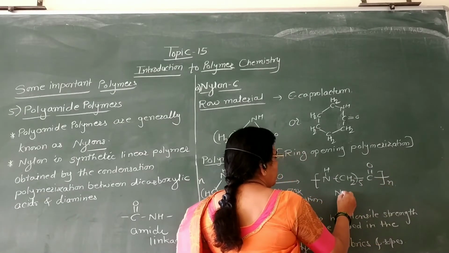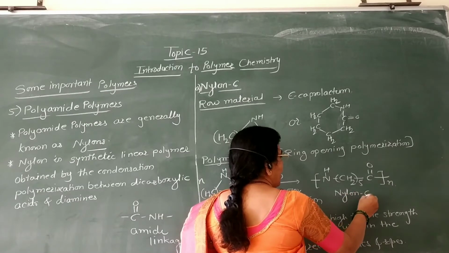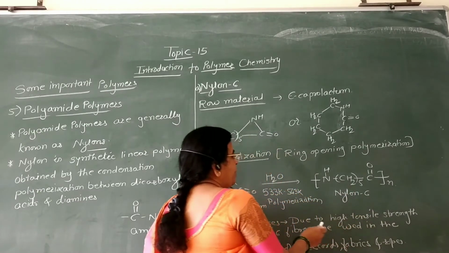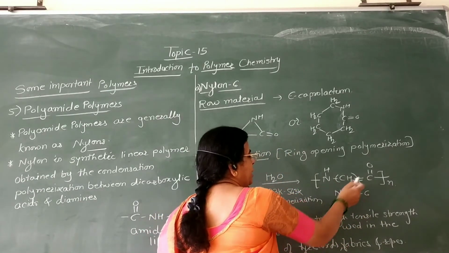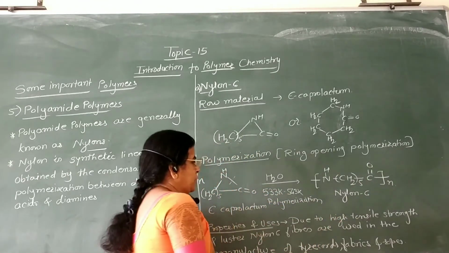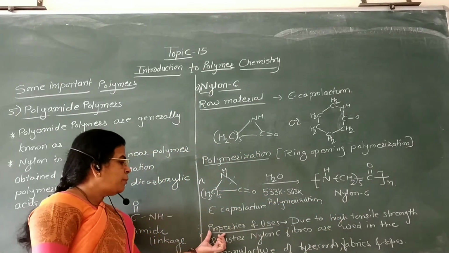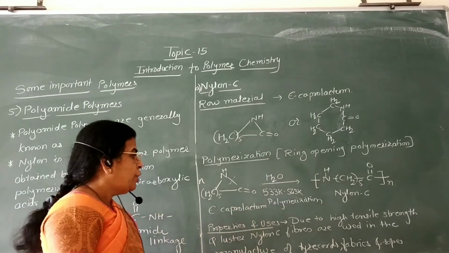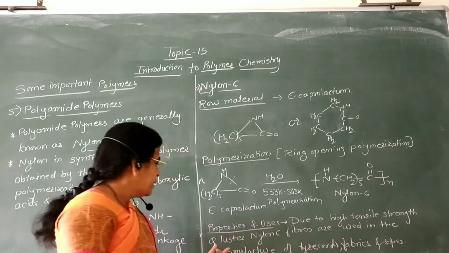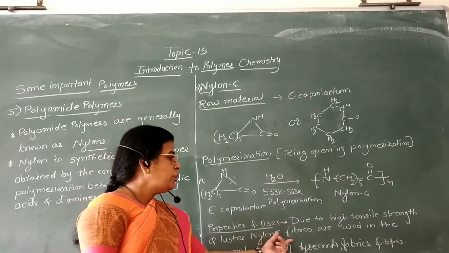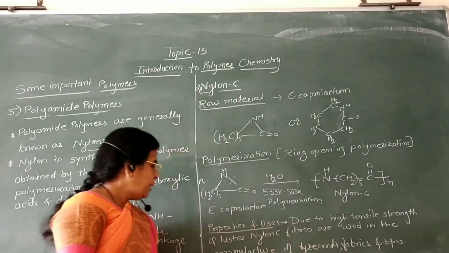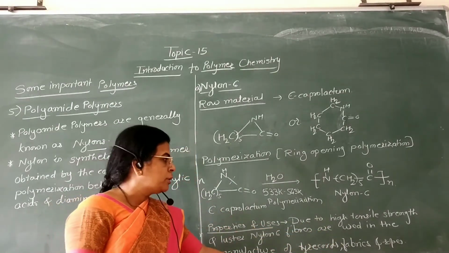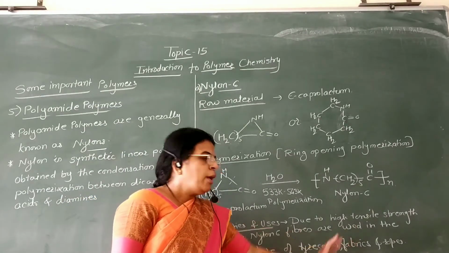This is nylon 6, and this is a polyamide fiber since it possesses the CONH linkage. Now we are going to see the properties and uses of nylon 6. Due to high tensile strength and luster, nylon 6 fibers are used in the manufacture of tire cords, fabrics and ropes.